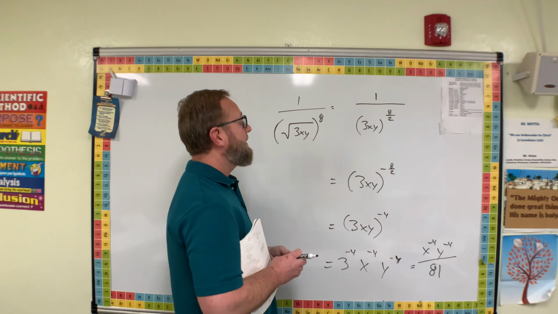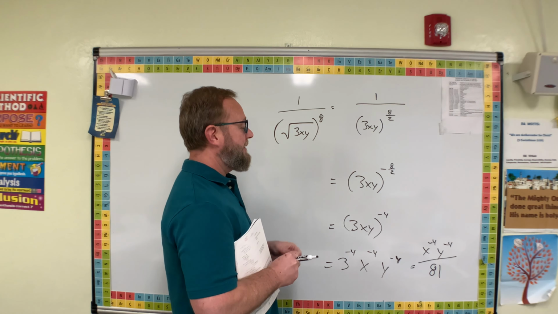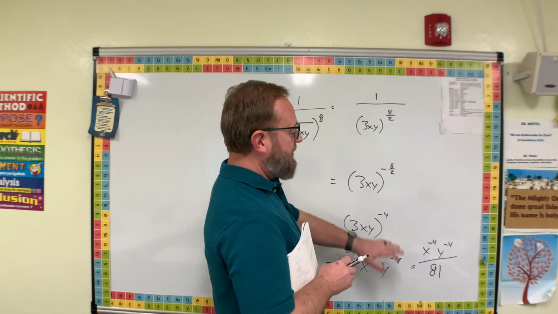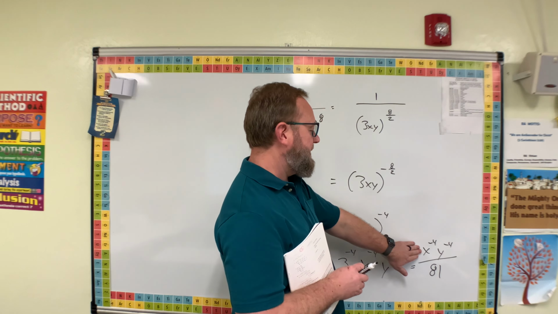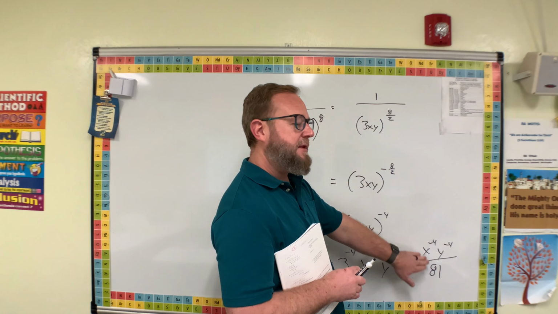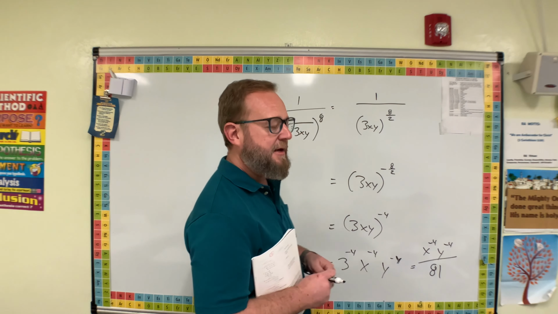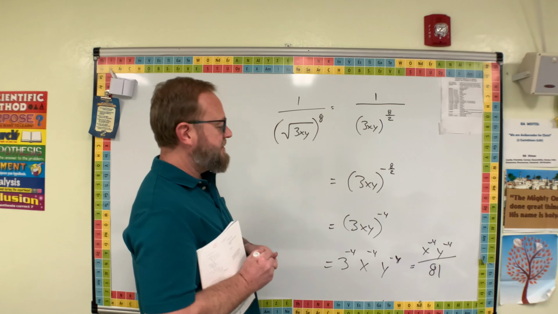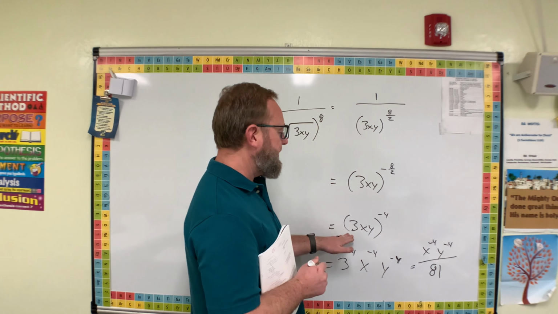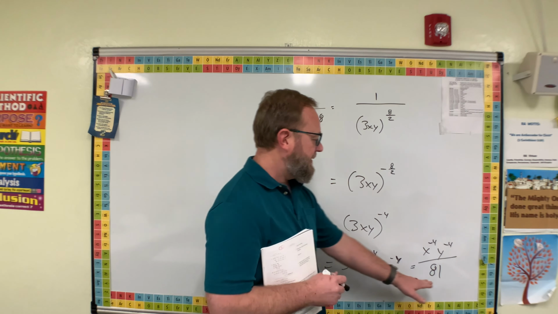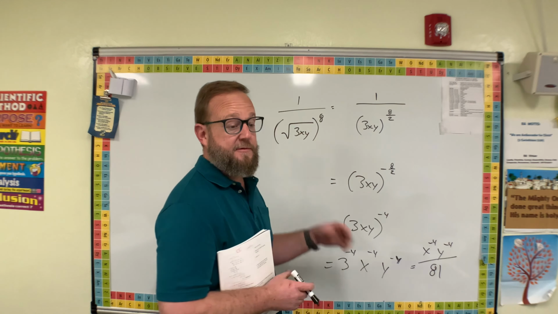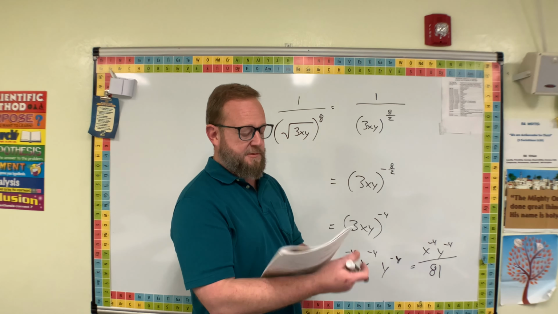We don't want to have these variables in the denominator in this particular case. These are all various ways you can write the answer. These are all equivalents, so those are all acceptable answers.